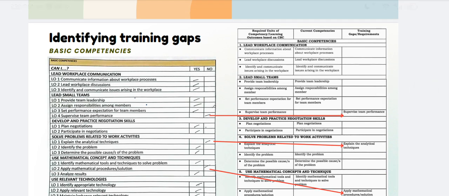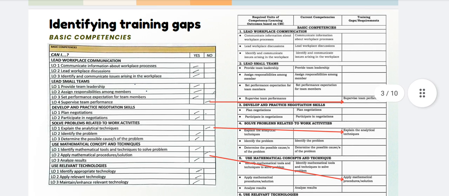Identifying the training gaps in the basic competencies. I found three training gaps from TNA 1.1. First is under the competency of lead small teams, which is supervise team performance. Second, under the competency of solve problems related to work activities, which is LO1, explain the analytical techniques.